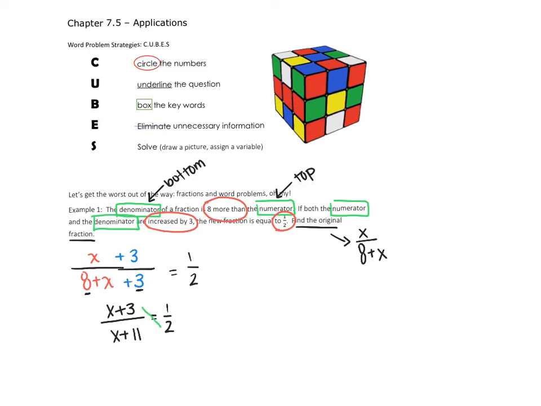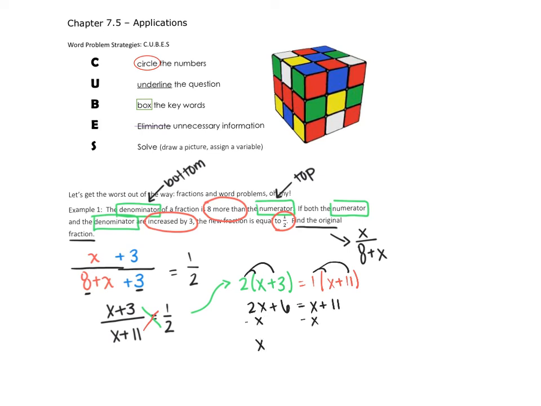Now because this has a fraction equal to a fraction, I can cross multiply. So I'm going to do 2 times x plus 3 and 1 times x plus 11. Now I'm going to solve that, so I'm going to distribute my 2, 2x plus 6 equals, I don't really need to distribute the 1 because it's not going to change anything. Move over my x's.